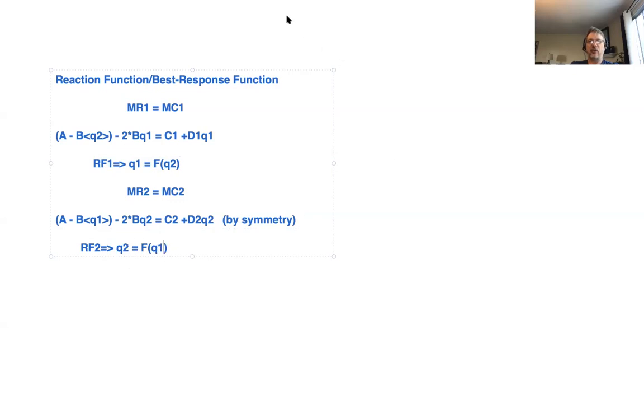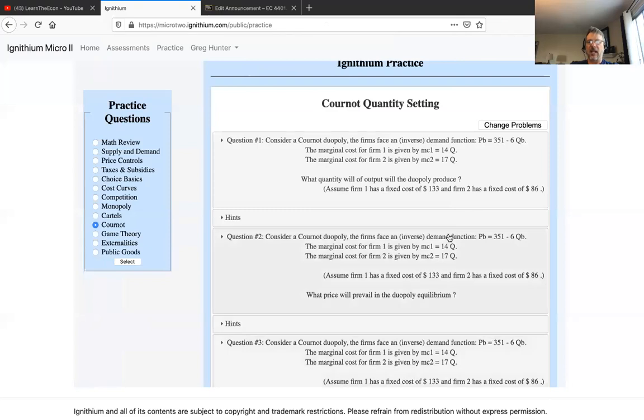Okay, so what I want you to do is I'm going to share the Ignithium screen, and you go ahead and work on formulating the reaction function for firm one and firm two in this first problem. And then I'll get back to you in just a few minutes.